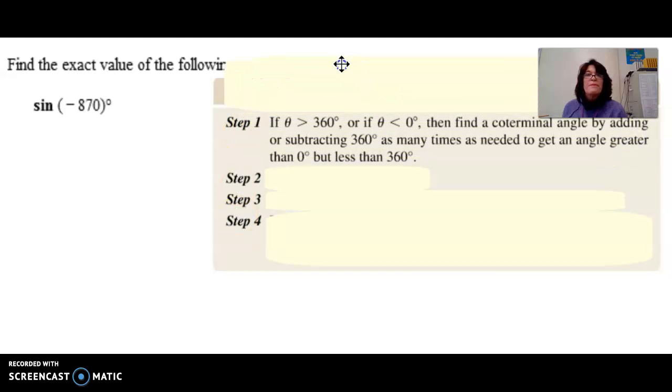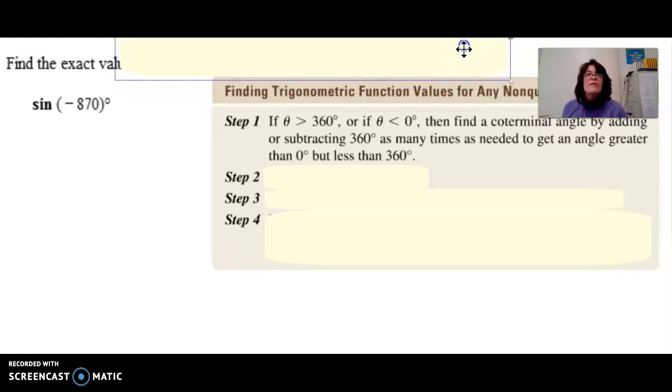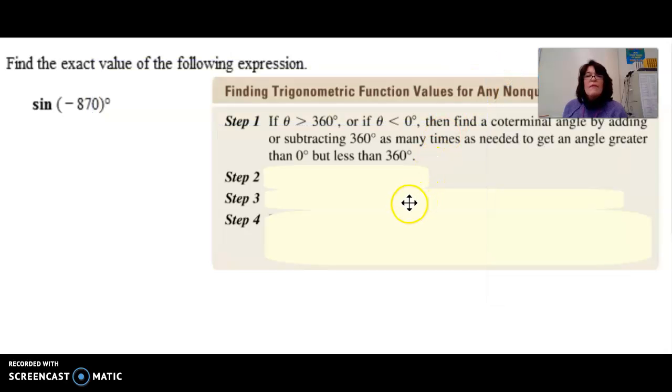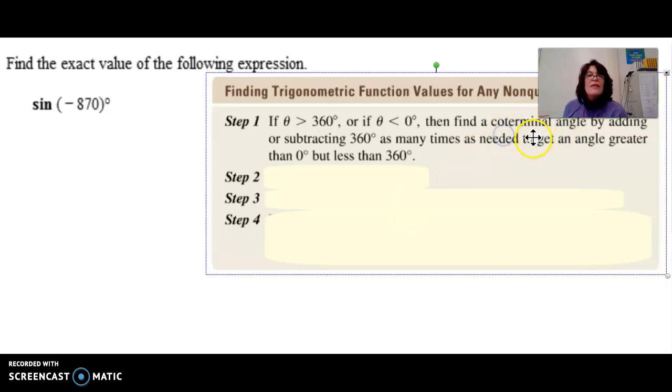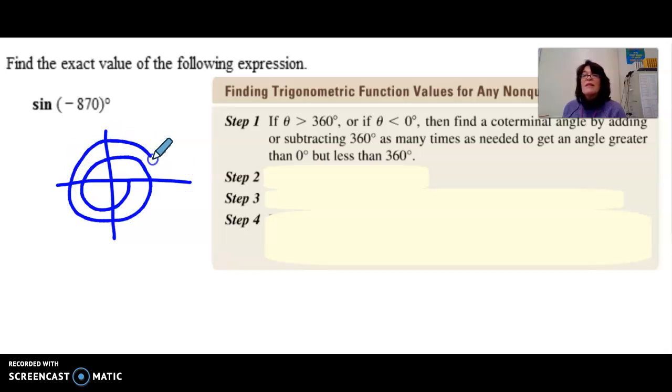Step 1. Find coterminal angles until you get one that's between 0 and 360. Okay? So I need to figure out where I am with negative 870, right? I went 360, I went 720, in the negative direction.